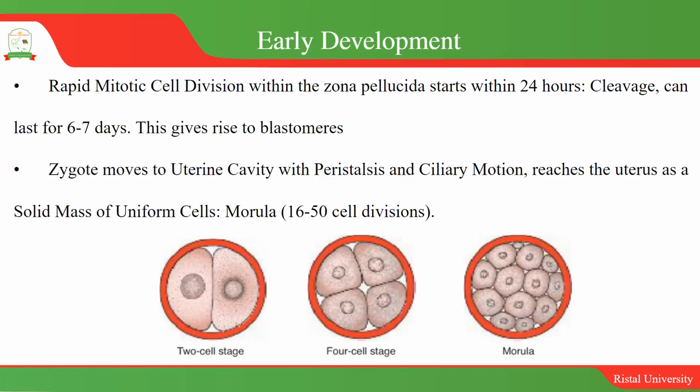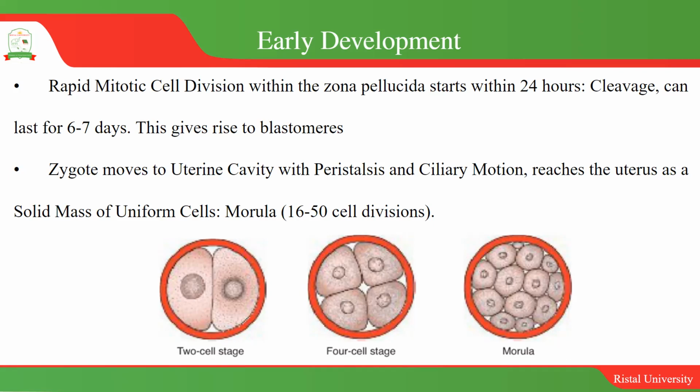When the zygote has been formed, it will undergo a series of cell divisions or mitotic cell divisions, still within the zona pellucida. Okay, the zona pellucida is what covers the zygote at this moment.